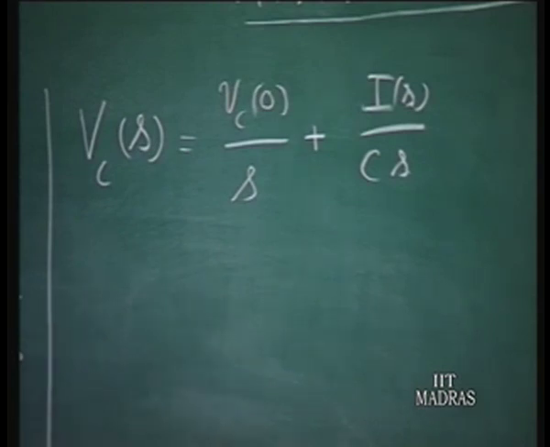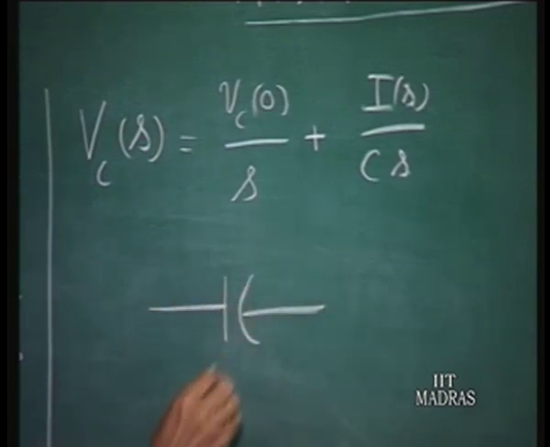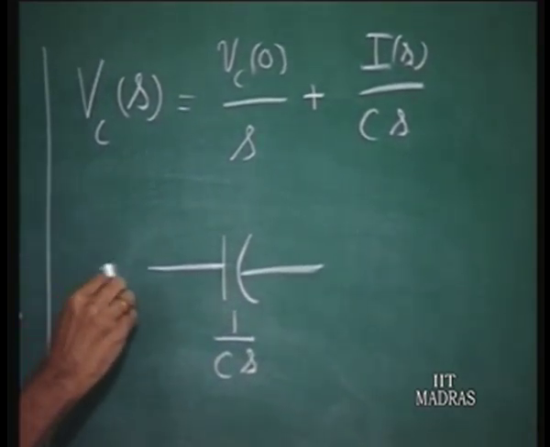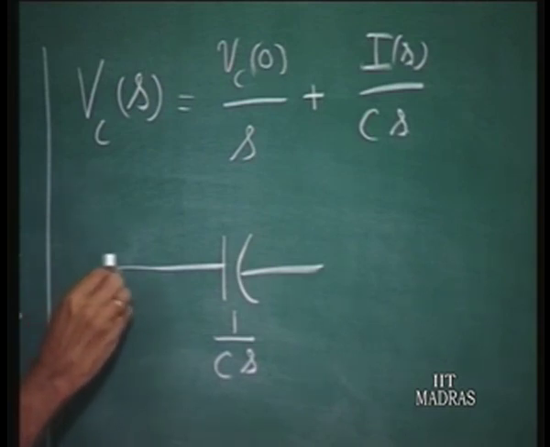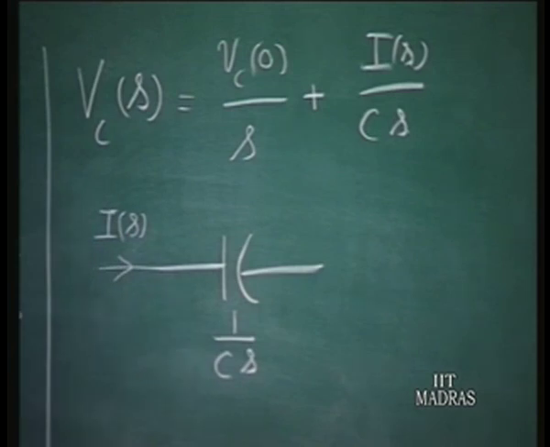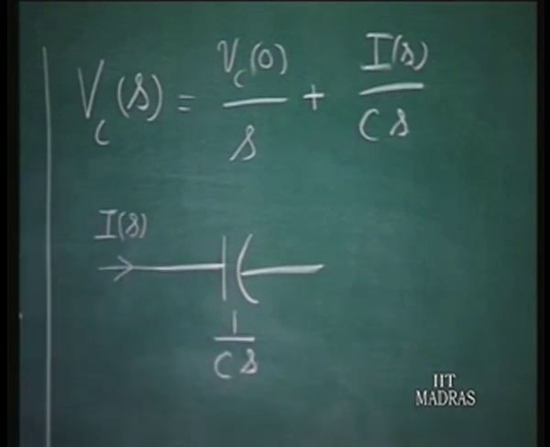Now this can be modeled by means of a circuit representation like this. Suppose I have a capacitor which, let us say for the moment, is an impedance 1 over Cs, and a current I of s is passing through it. Then if this is the generalized impedance, it develops a voltage here which is I of s times 1 over Cs.